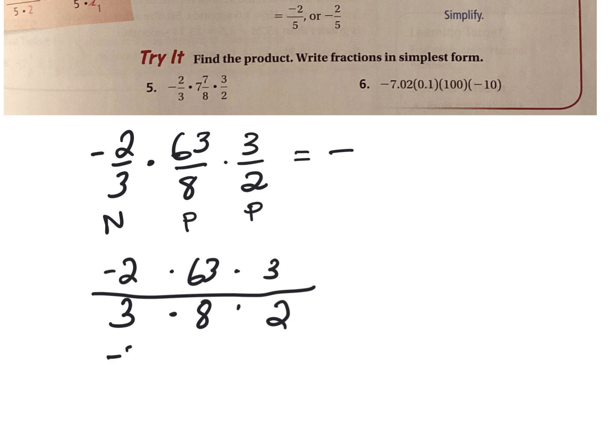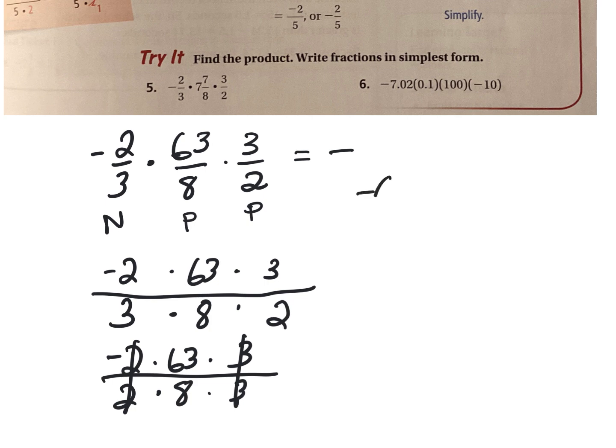I want to do negative 2 times 63 times 3, and then I'm going to move that 2 in the front to have it 2 times 8 times 3. Now this is just going to give me 1, negative 1. So pretty much all it is is a negative 63 over 8. And when I do that, I get a negative 7 7/8.